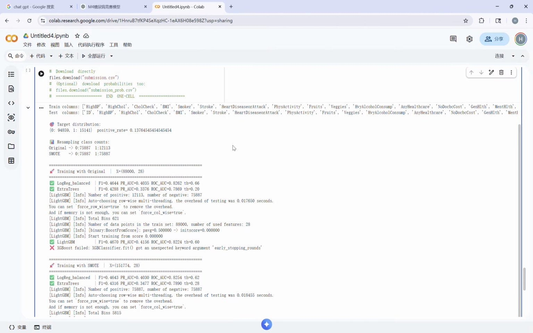A value of 0 means no diabetes, and a value of 1 means diabetes. By the end of this workflow, the model outputs a risk probability for each person in the test set, and we package those predictions into a submission file.